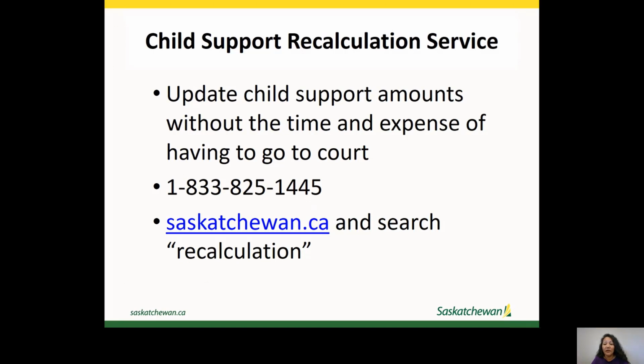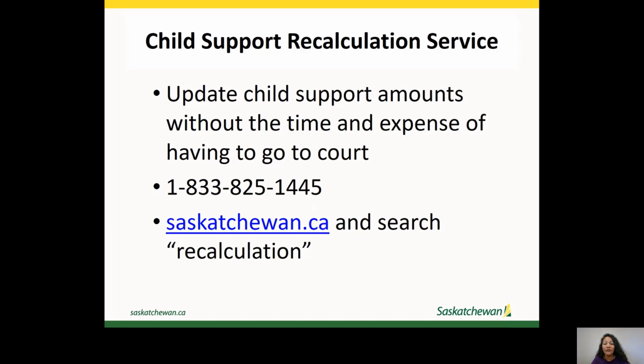There are situations where the service cannot recalculate. You should contact the Recalculation Service to find out if your support order or agreement can be recalculated. For additional information about this service, you can go to saskatchewan.ca and search recalculation.